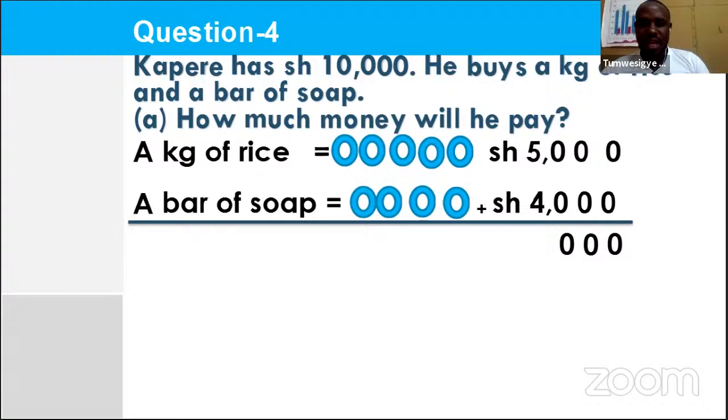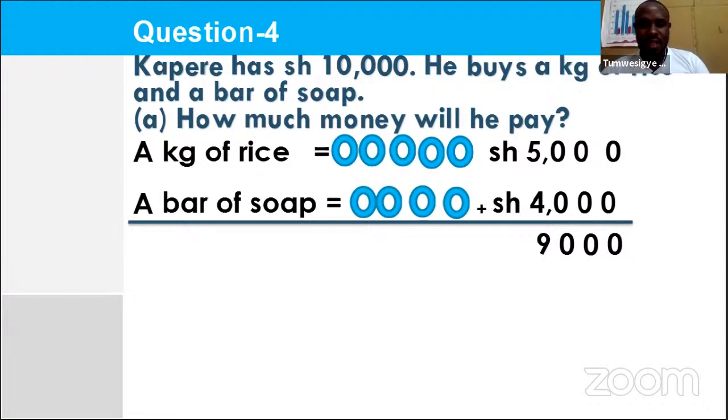So what's next? We add the counters together: 1, 2, 3, 4, 5, 6, 7, 8, 9. Therefore, the answer is 9.